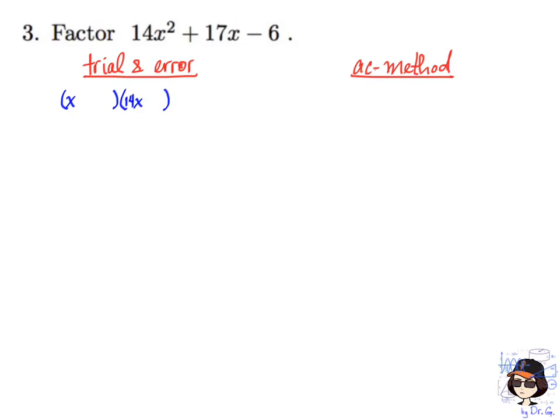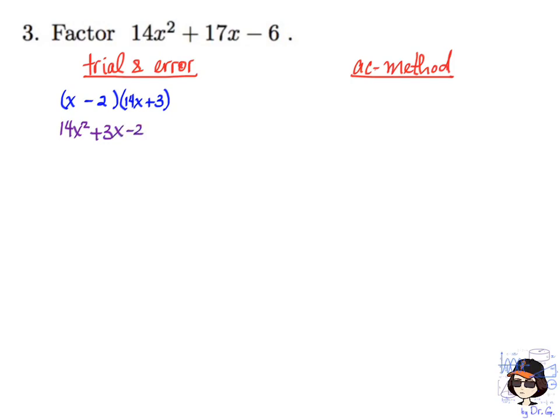And so then the second term in each of the binomials, the second terms have to multiply together to be -6. And there's a couple of possibilities there too. So we could have -2 and +3. So that's one possibility. Let's multiply it together to see what happens.